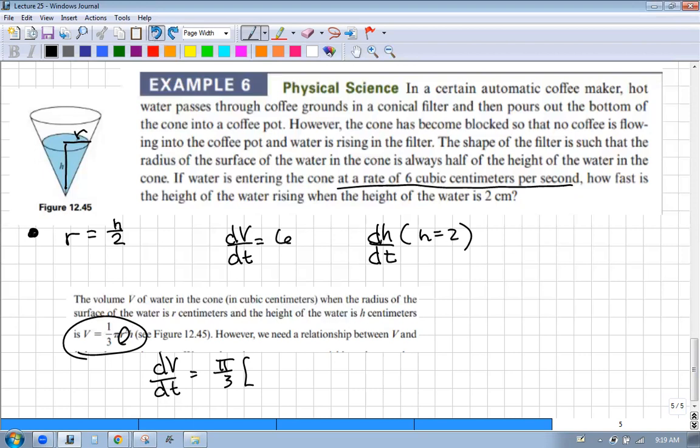So the derivative of r squared, that would be 2r times the derivative of r with respect to time. That's the derivative of the first function times the second function plus the first function times the derivative of the second function. All right, y'all follow that? Use the product rule because you have r squared h, and r squared is its own function, and h is its own thing.